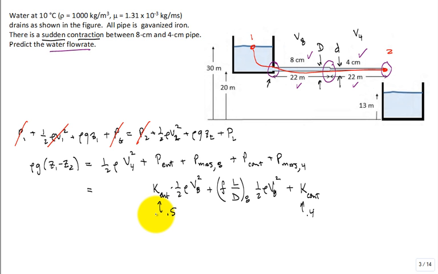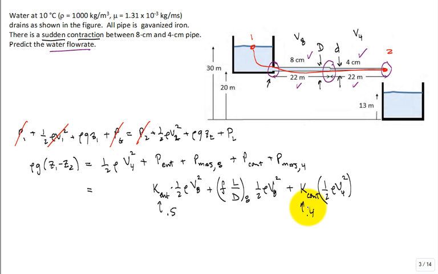All right. And then we have 1/2 rho V4 squared. It's the velocity that's in the smaller diameter pipe. Look at the correlation in the textbook for that. It'll always be the velocity, or typically 99.9% of the time, it's the velocity, the faster velocity, the higher speed, the smaller cross-sectional area.